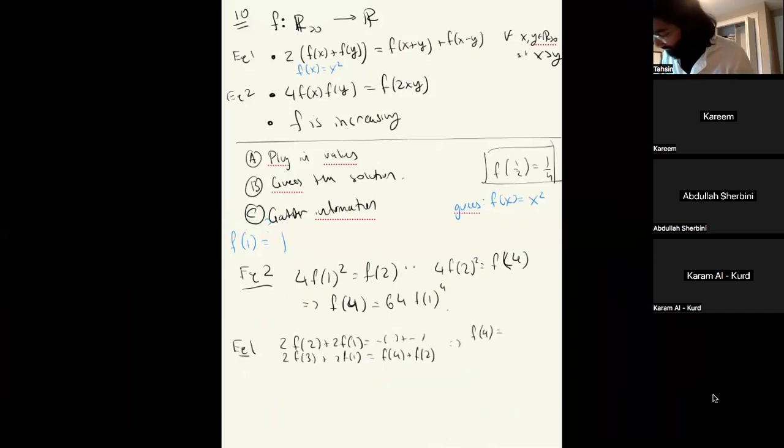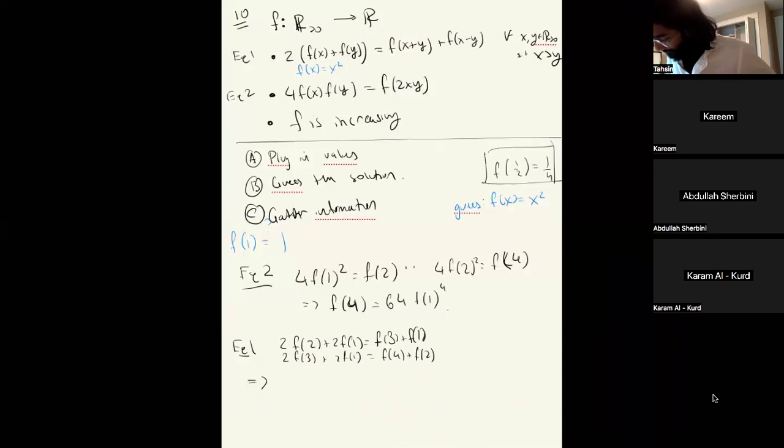So what does this give us? This is f of 3 plus f of 1. So 2f of 2 plus 2f of 1 plus f of 3 plus f of 1 and 2f of 3.